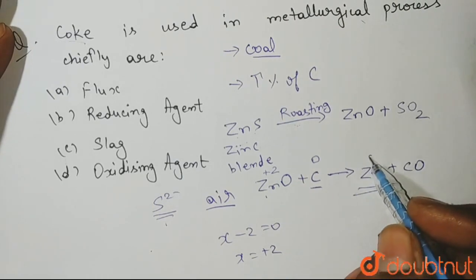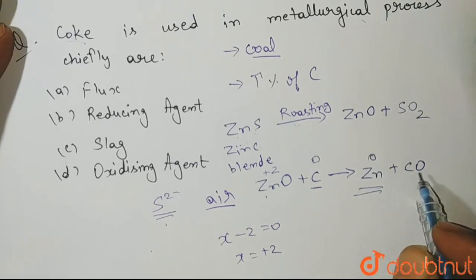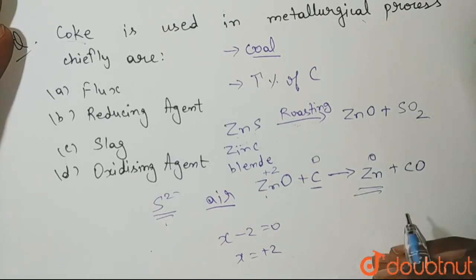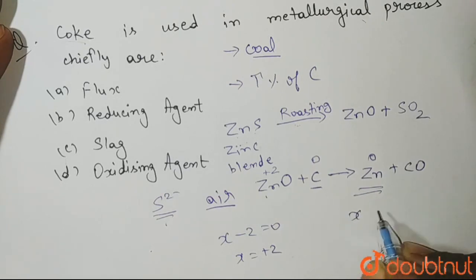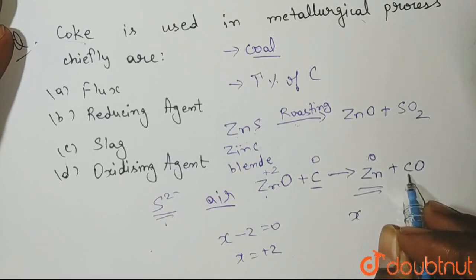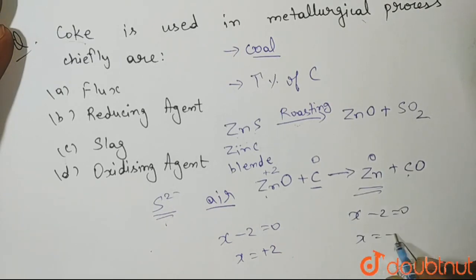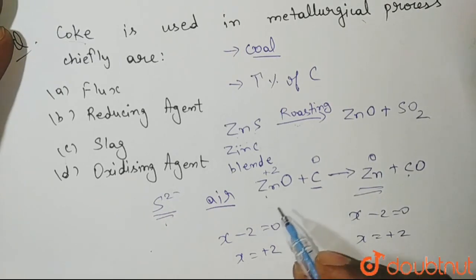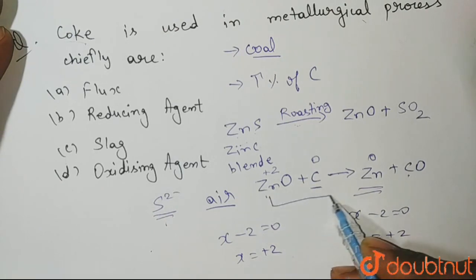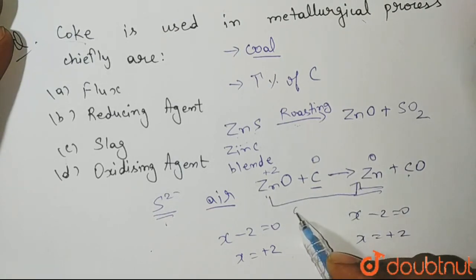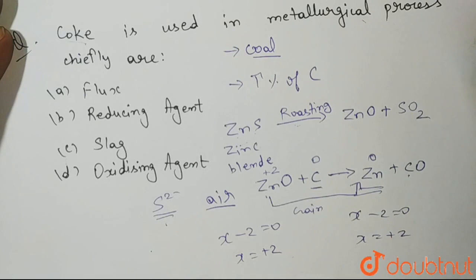Here zinc is in the 0 oxidation state, and carbon is in the +2 oxidation state. Similarly, take x as the oxidation state of carbon, oxygen has -2, x - 2 equals 0, it gives you +2. So what is happening here? Zinc is going from +2 to 0. That means it is gaining electrons, right? Gain of electrons is taking place, and that is known as reduction.